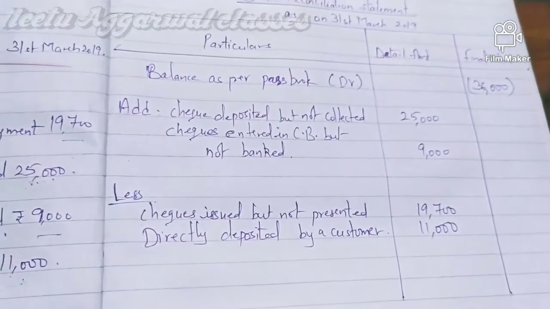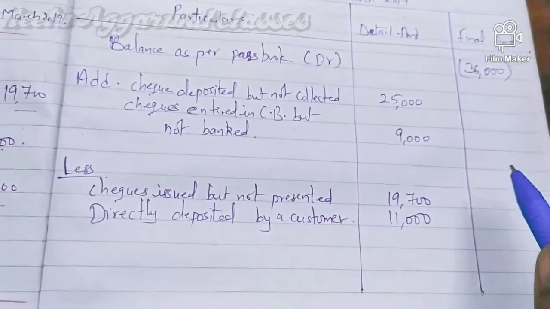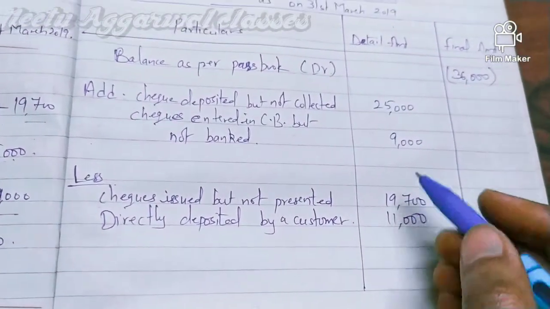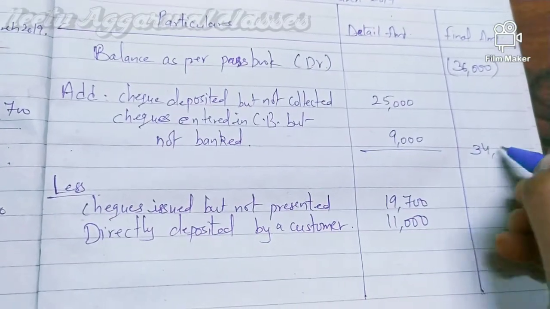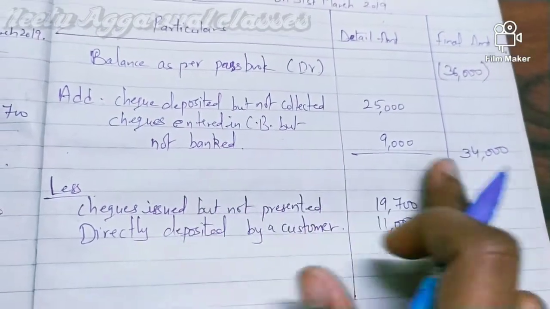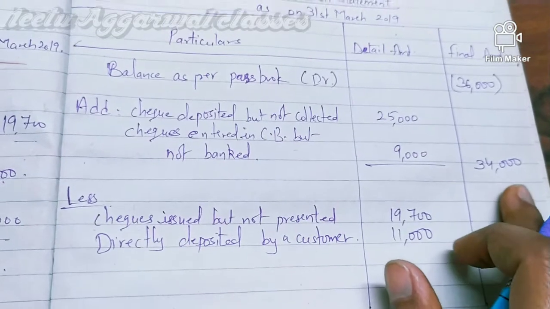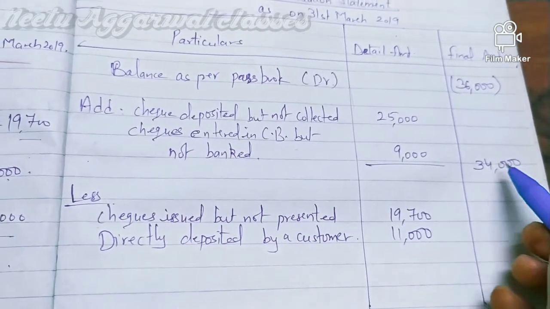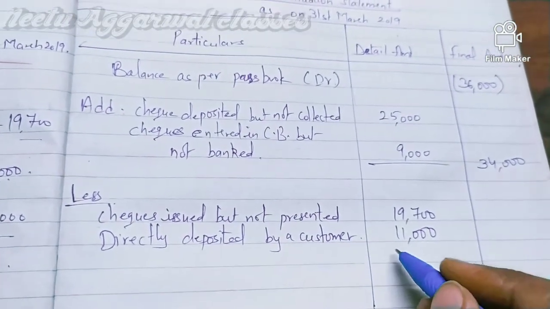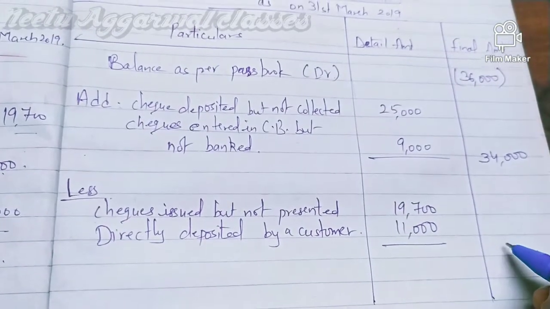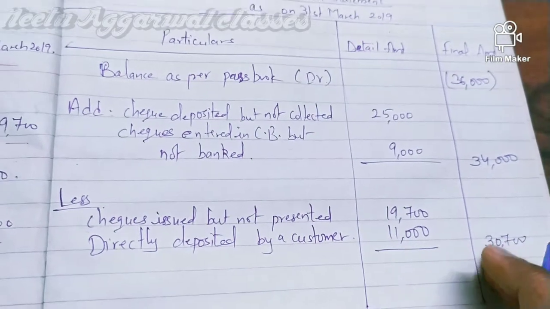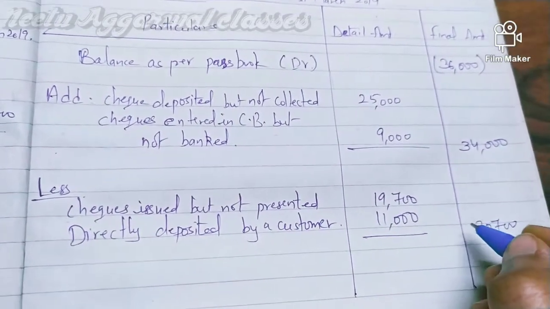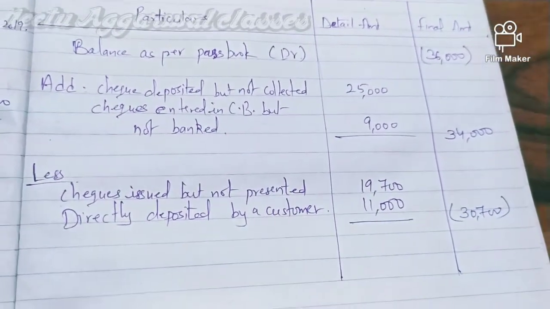That is more clear. So let's balance it. Here it is 34,000. This is the amount we need to add, so we didn't put any brackets. This is the amount we need to subtract, so we put the brackets.